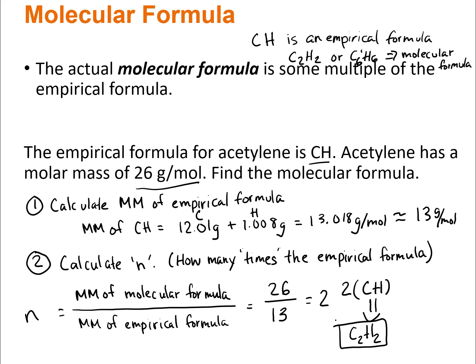Do you see what I mean by how many times the empirical formula? You should get a whole number here. So if it's like 2.99, that's 3. But that's how you calculate the molecular formula from the empirical formula.